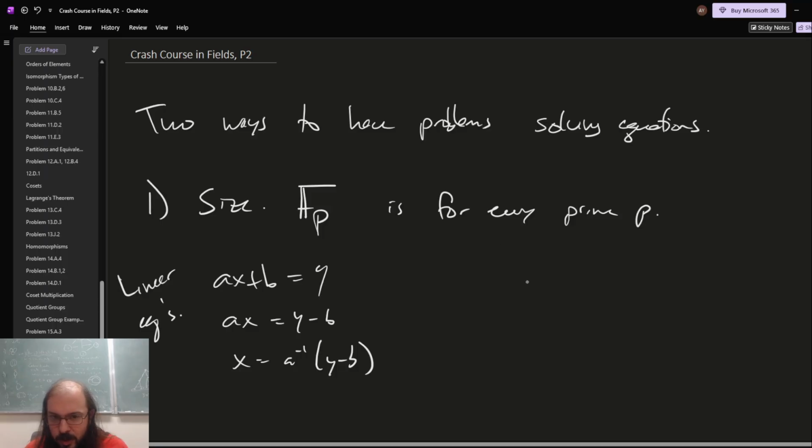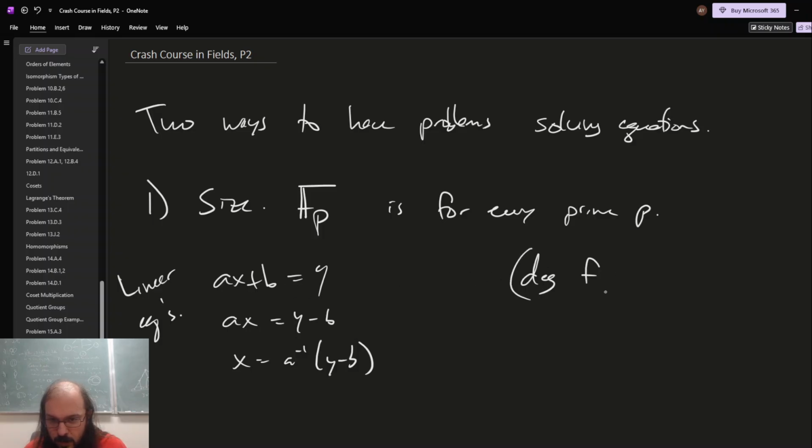But what about higher degree equations? And in general, how many equations can you make in a field? Well, up to scaling, dividing out by some leading multiple that doesn't really matter because they always have multiplicative inverses, let's call the equation f. Whatever the degree is, that number minus 1 will be the number of parameters you have to deal with.